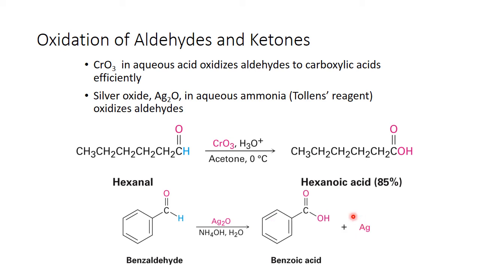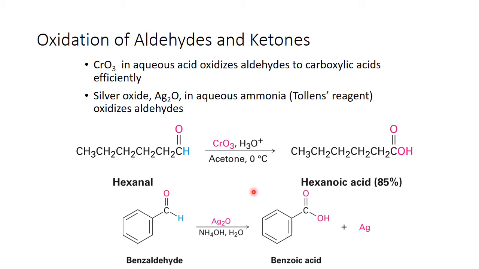And this is very obvious in a test tube. When you have an aldehyde and you treat it with silver oxide and ammonia, you end up making a silver mirror on the bottom of your test tube. And this is a test for an aldehyde. It's called Tollen's reagent.